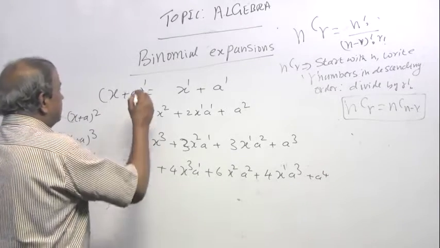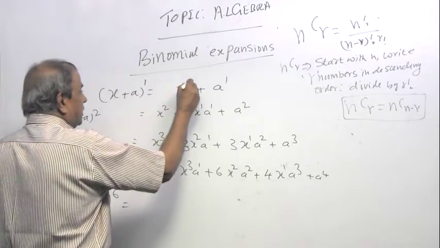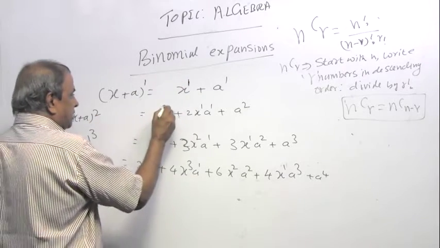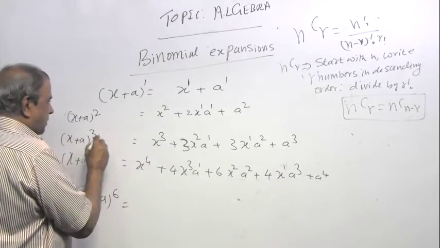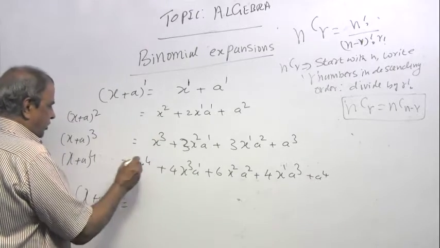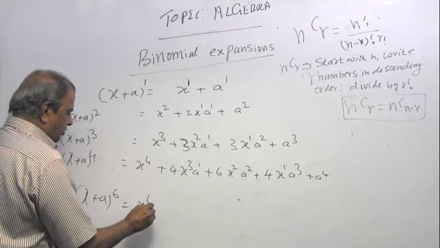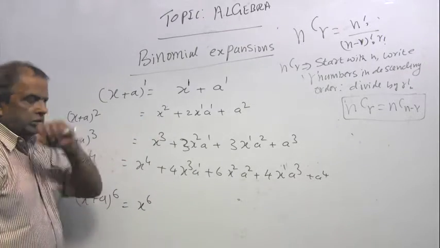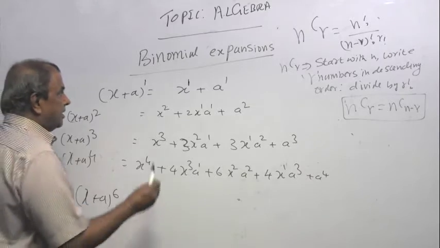Then how would I do it? I look at this. Power 1 starts with x power 1. Power 2 starts with x power 2. (x plus a) power 3 starts with power 3. Starts with power 4. So it starts with power 6. Very good. Next.